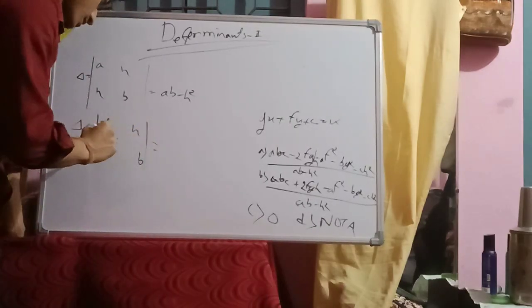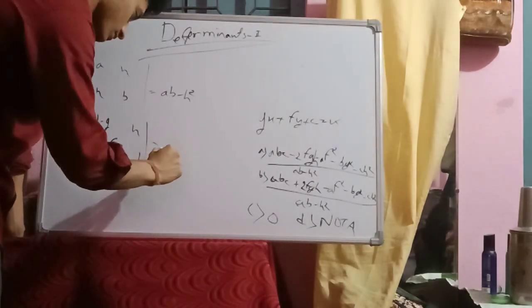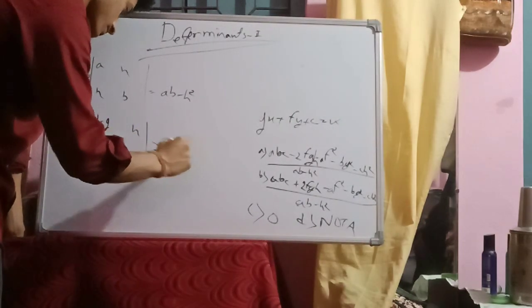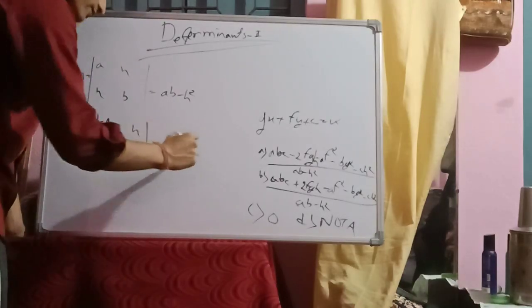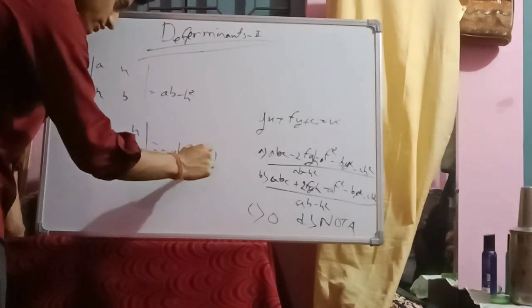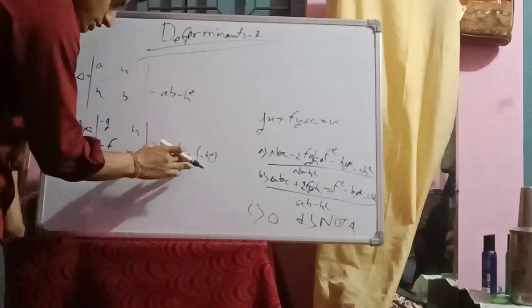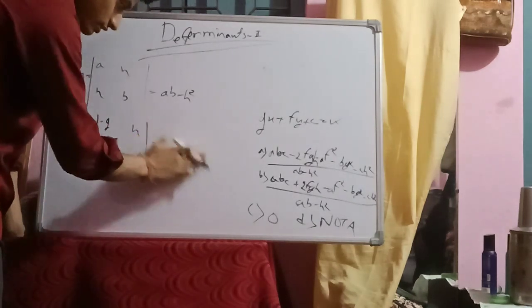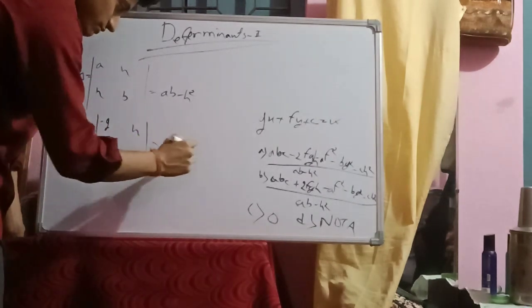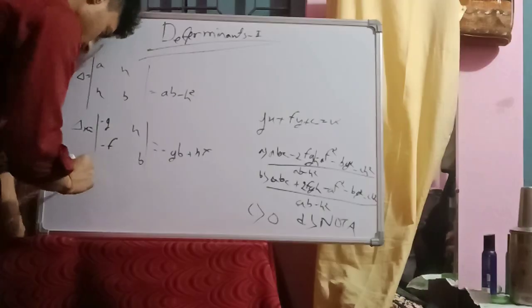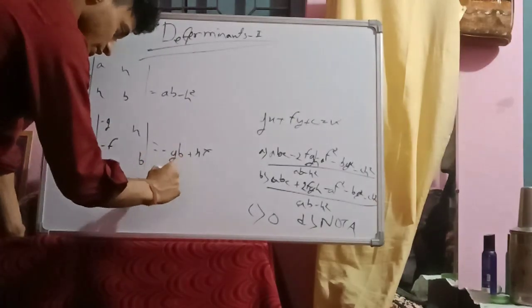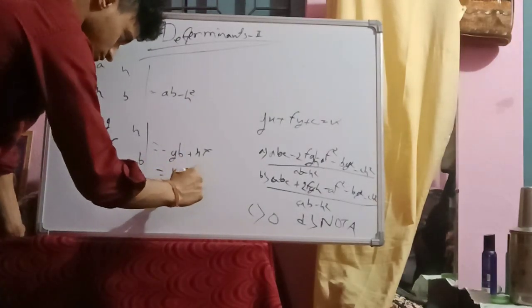This would become negative gb minus negative of hf, so that would become just plus hf, or we can write this as hf minus gb.